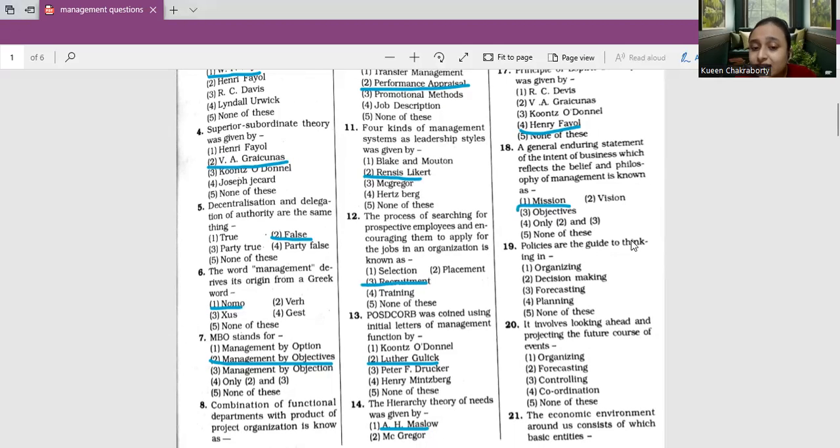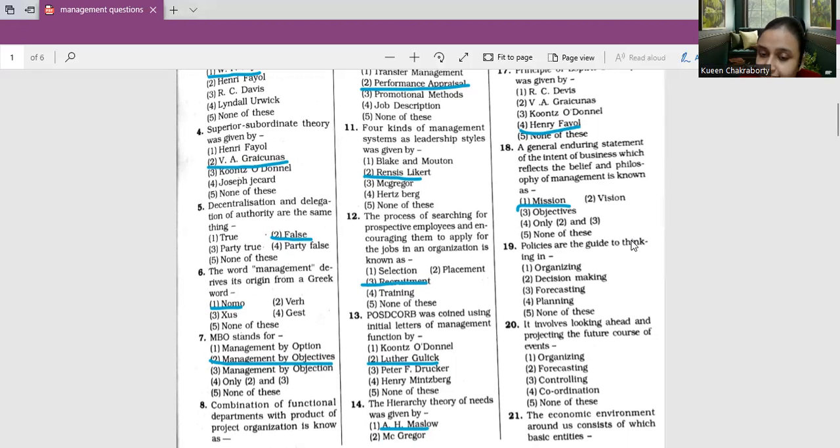They are basically guidelines to think, and they establish the boundaries or limits within which the decision will be made. Within these boundaries, judgment must be exercised.